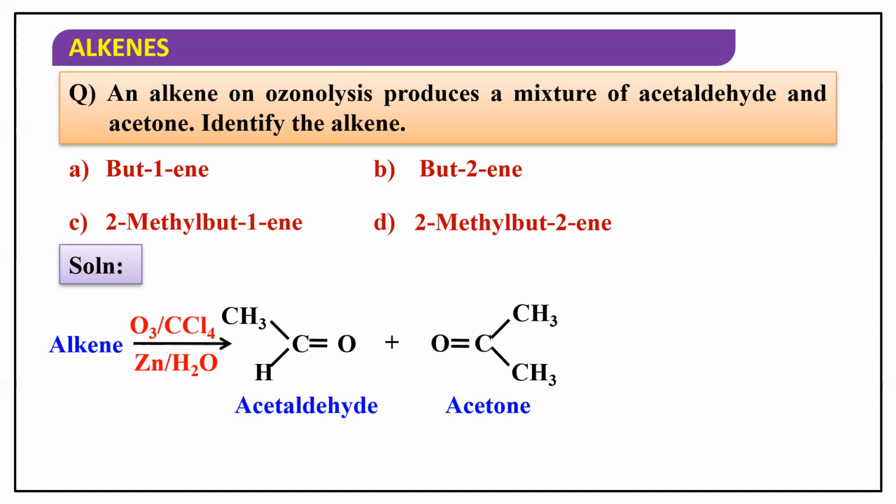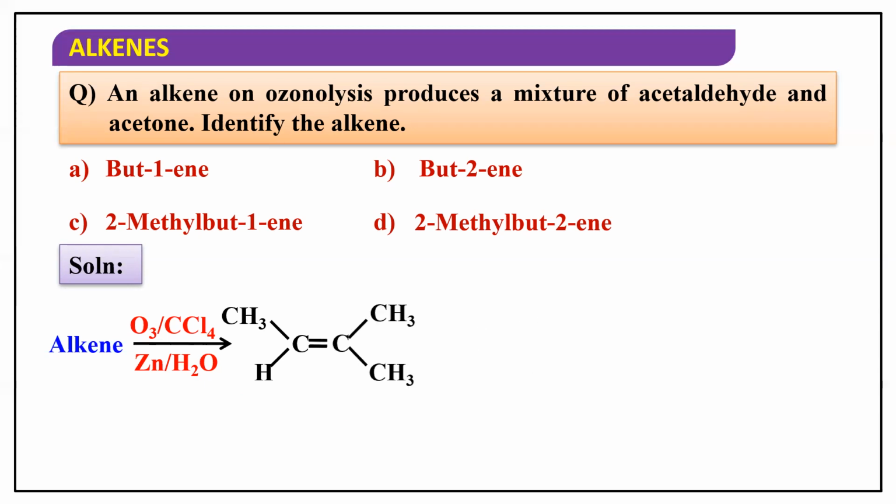Simple. So that's what I've done here. I've removed both the oxygens and brought them together to give you an alkene. This is your starting alkene. And what's the name of this? Yes, it is 2-methyl butene.